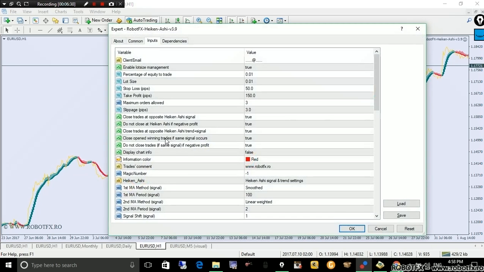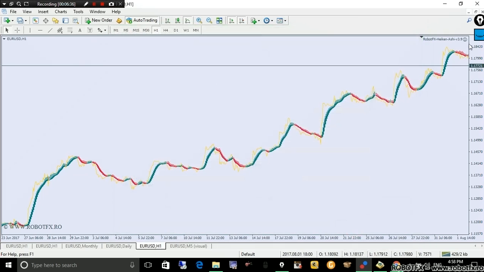Next, close open winning trades if same signal occurs. If this option is set to true, then the Expert Advisor will close a trade if the same signal occurs. So if you would be in a trade right here, that's a good example.